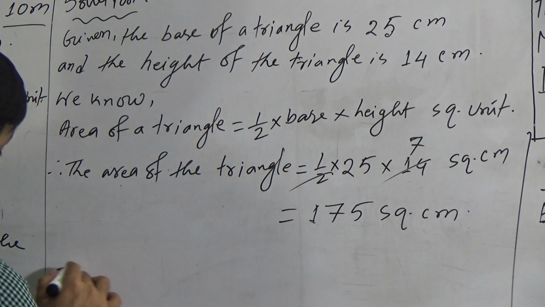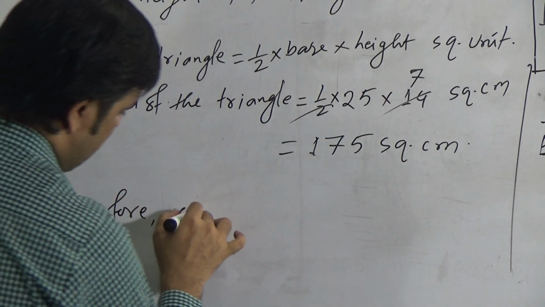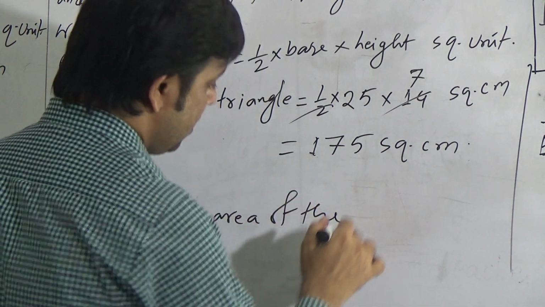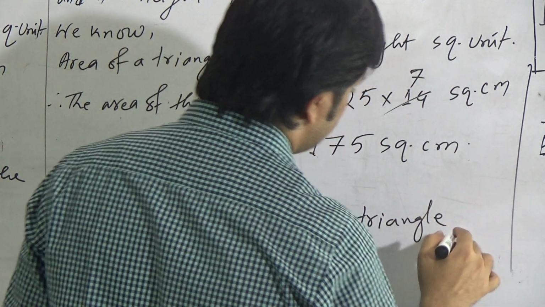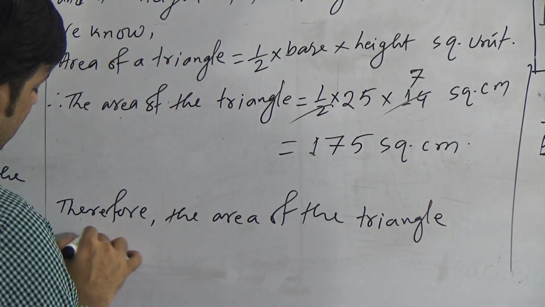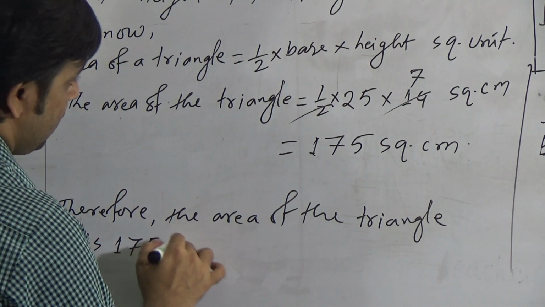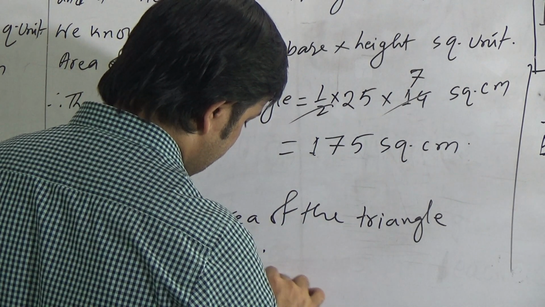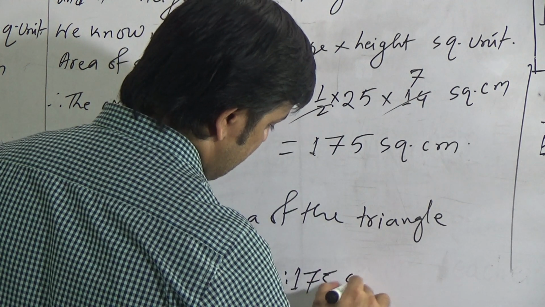So we can write therefore the area of the triangle is 175 square centimeter. So answer is 175 square centimeter.